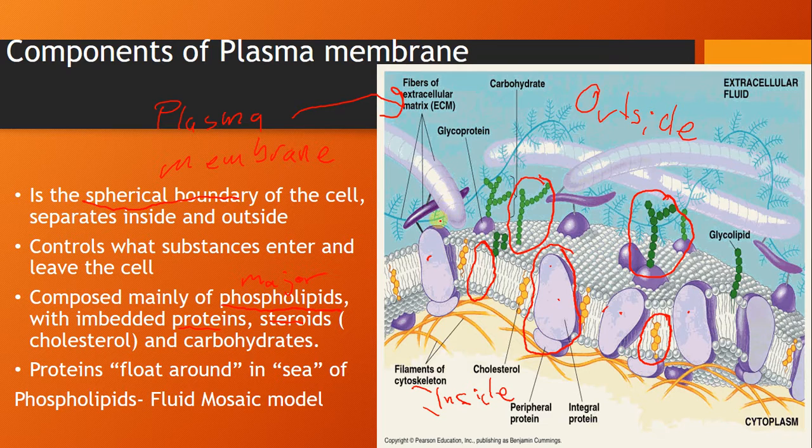And because we've got these solid proteins in this sea of fluid phospholipids, a lot of scientists say the cell membrane is like a fluid mosaic. It's fluid, meaning that these phospholipids shift around and are like a fluid, movable texture, and then they have proteins floating in there.